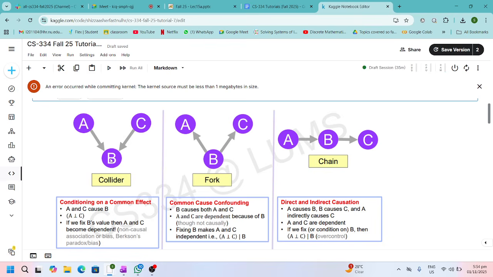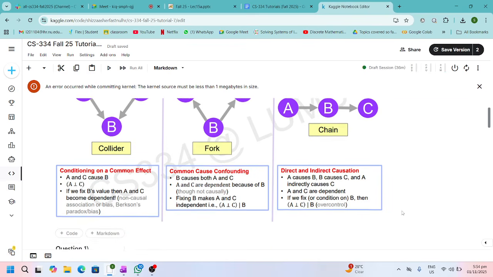So if you were trying to determine the true total impact of A on C, you will never condition on a collider, because right now there might not be any spurious correlations between A and C. But if you condition on the collider, you will introduce a false negative correlation between the two variables A and C. I will encourage you to recall Berkson's paradox over here. It's also called collider bias. With that, let's move on.